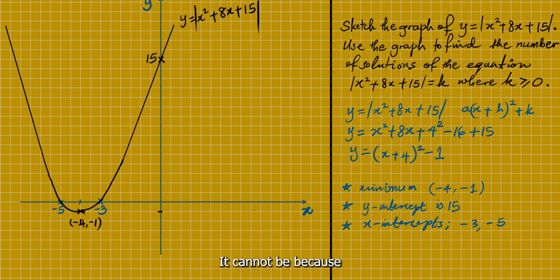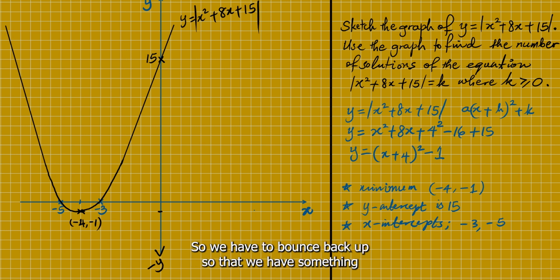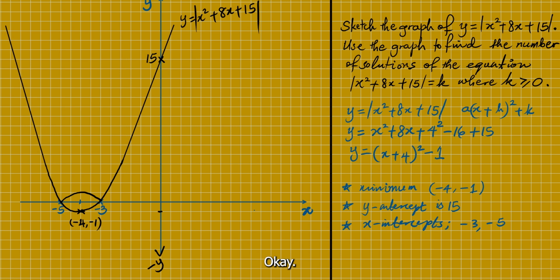It cannot be, because the values of y here are negative, and no y is negative here because of the modulus. So we have to bounce it back up so that we have something that looks like this. And what is left is that we are now going to have to clean this part off because it should not be part of the graph.